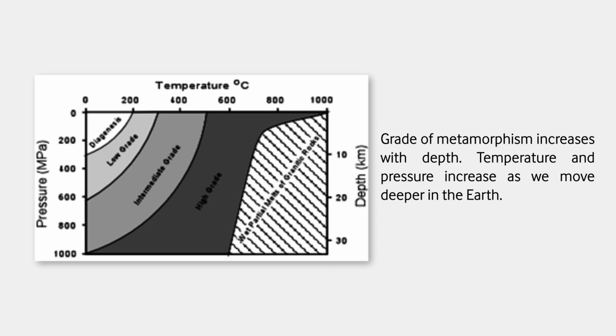On my right hand side is the partial melt of granite rocks, at temperatures greater than 700 degrees and pressures higher than, for example, 200, 300, or much more than 500 degrees temperatures.